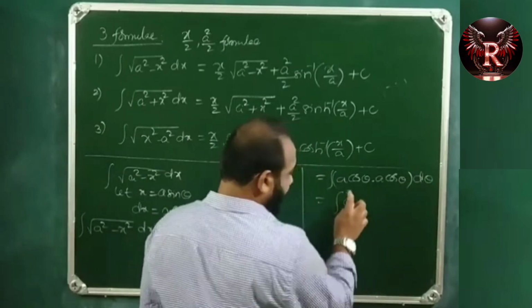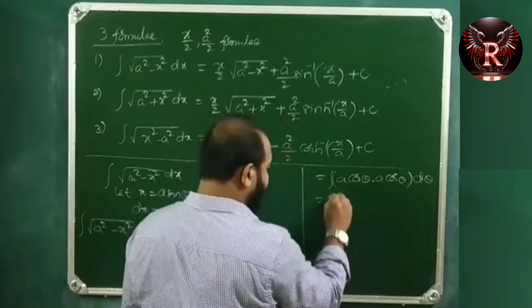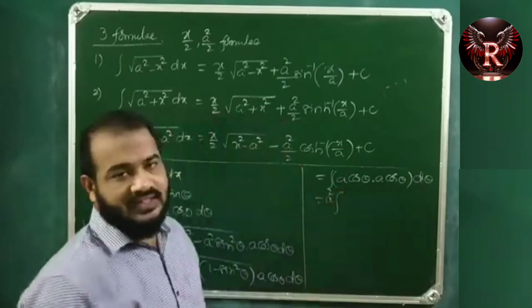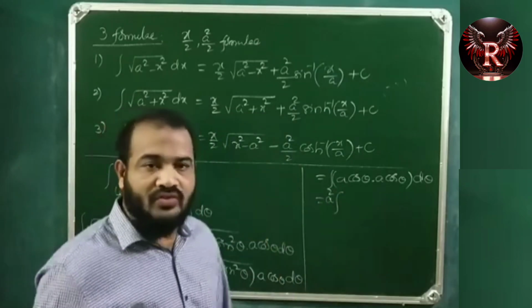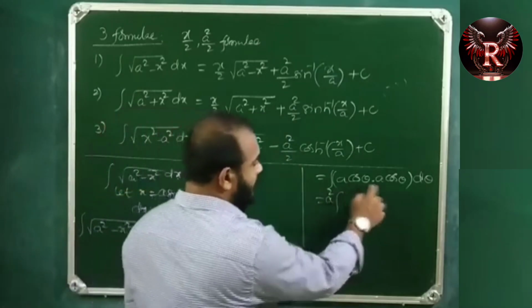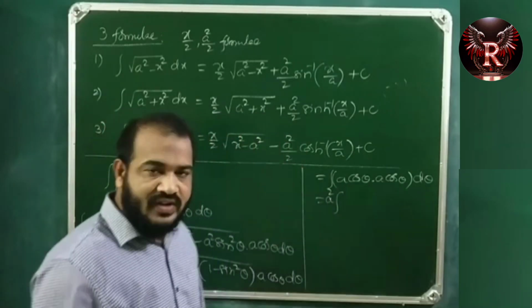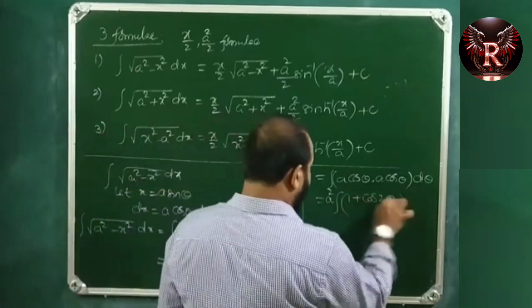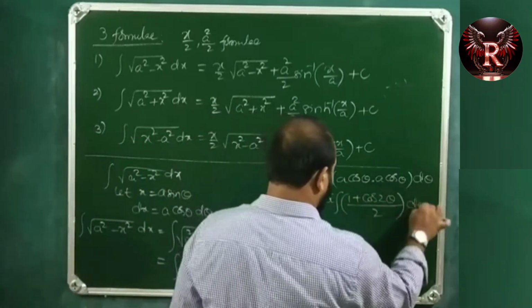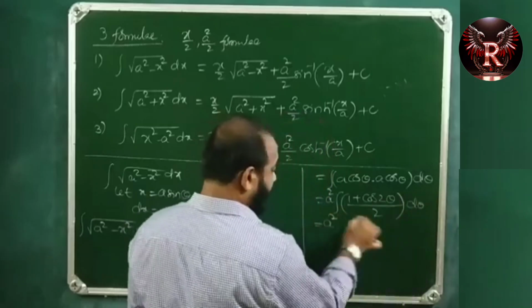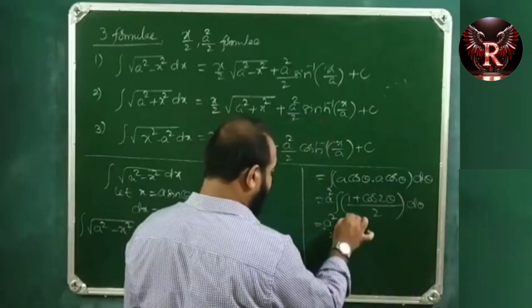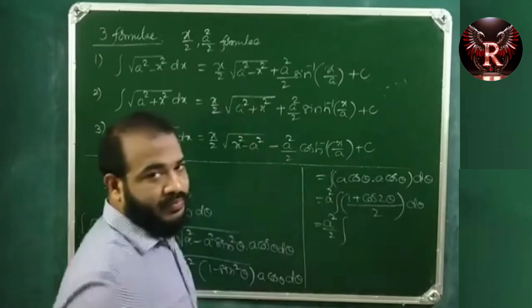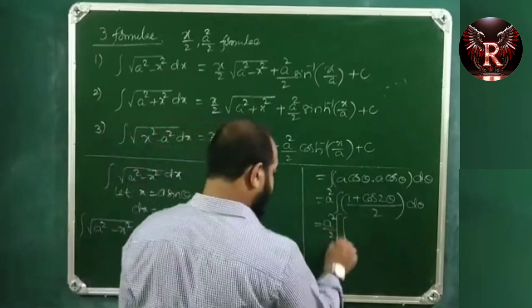So this is a into a, that is a square. Since a square is a constant, I separate it from the process of integration. Cos theta into cos theta is cos square theta. Cos square theta can be written as 1 plus cos 2 theta by 2 d theta. So a square by 2 I also take out of the integration.